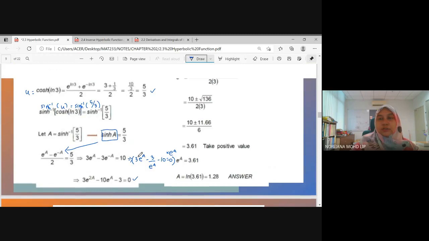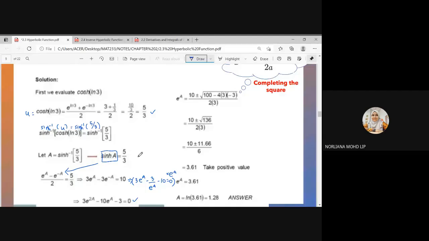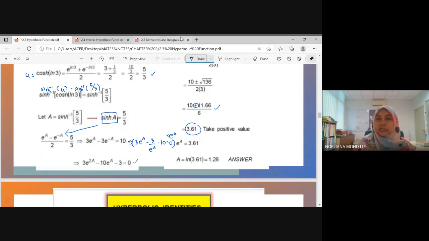Okay, then awak gunakan completing the square method to get, nampak ke saya? Akan ambil ni lah, take the positive value 3.61. Kita ambil yang positif ni. So the answer for A is exponent A equal to 3.61.